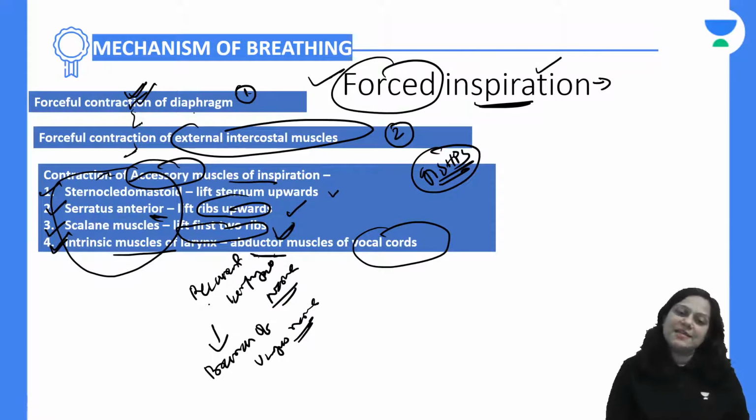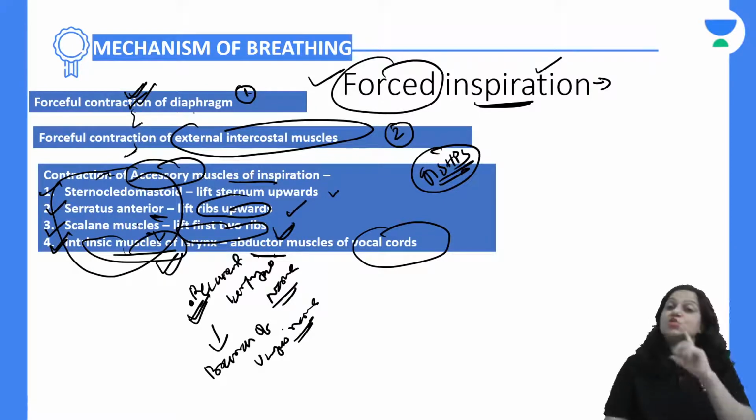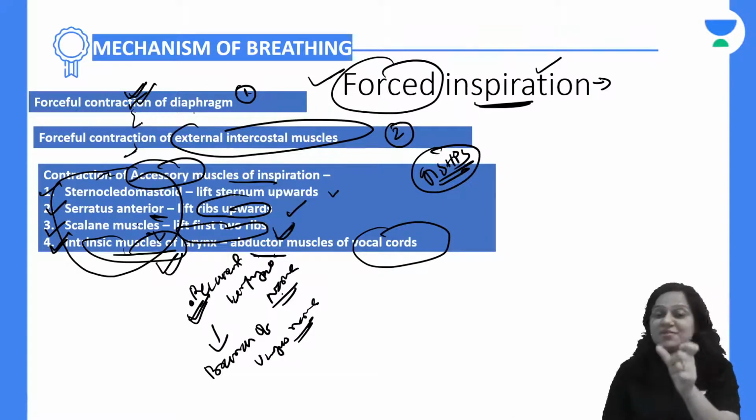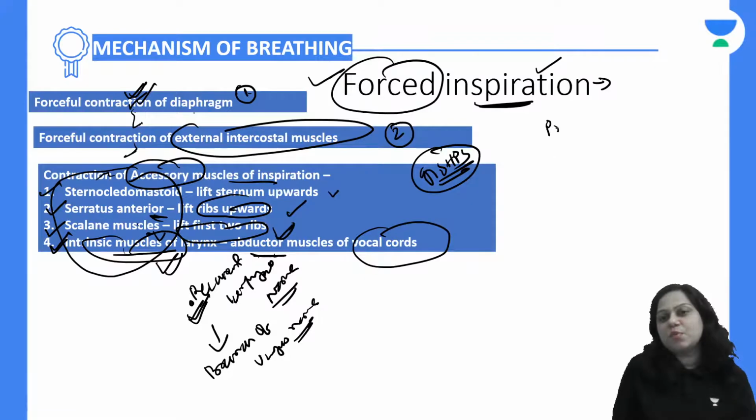So paralysis of the recurrent laryngeal nerve will cause paralysis of the inspiratory muscles, these intrinsic muscles of the larynx. So it will cause inspiratory stridor. This is very, very important.